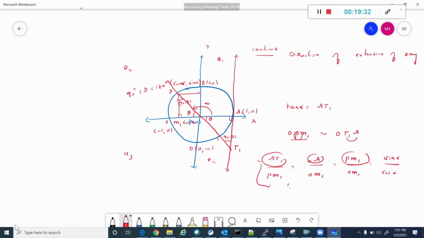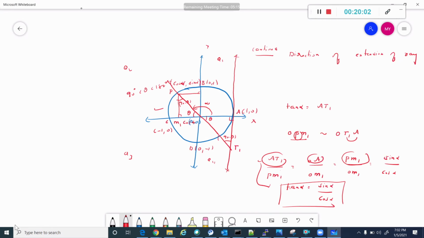So tan alpha is equal to sin alpha by cos alpha. When I say tan alpha, you have to visualize the length AT1, not sin by cos. They are only numerically equal, but they are two different quantities.